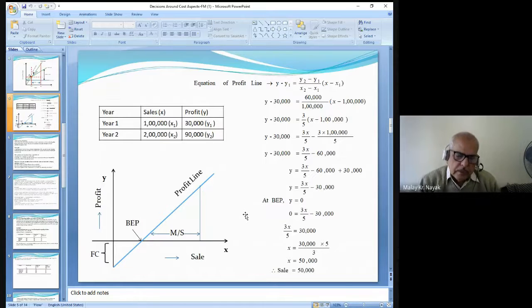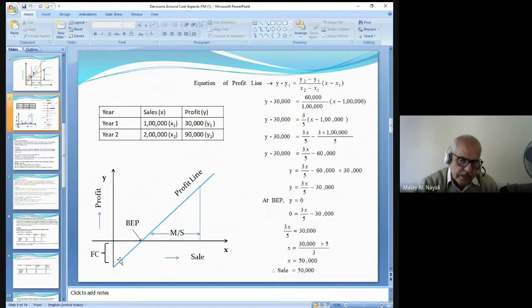Now you see one graph. You need not see the sum today. I will discuss it next day. In this sum, on the x-axis you measure the sale and on the y-axis you measure the profit.